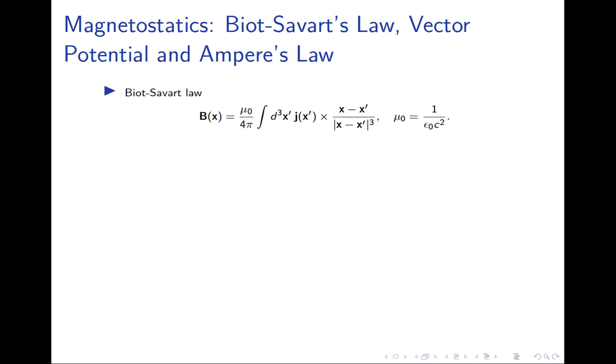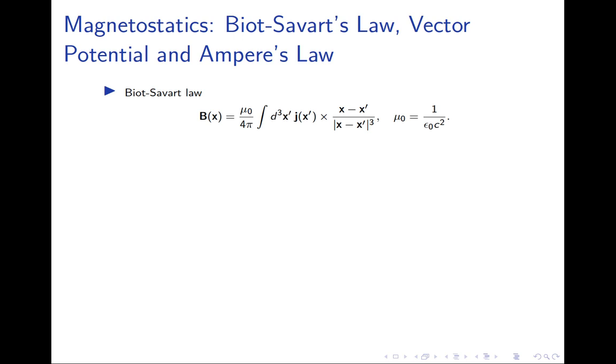So the Biot-Savart law gives the magnetic field produced by a current element, a conductor element. Inside a conductor you have any given small infinitesimal region through which current is passing. The amount of the current carrying element is given by the current density times the infinitesimal volume element.